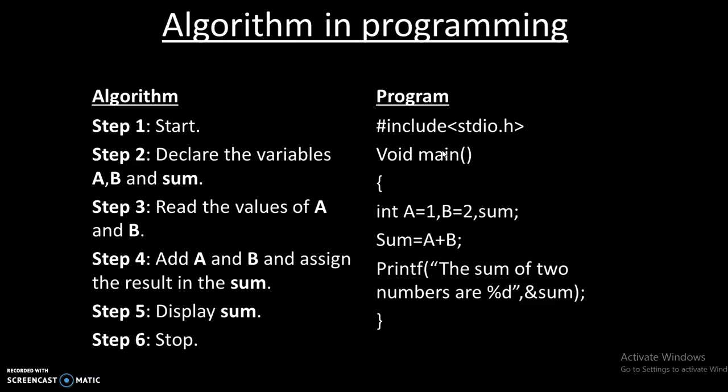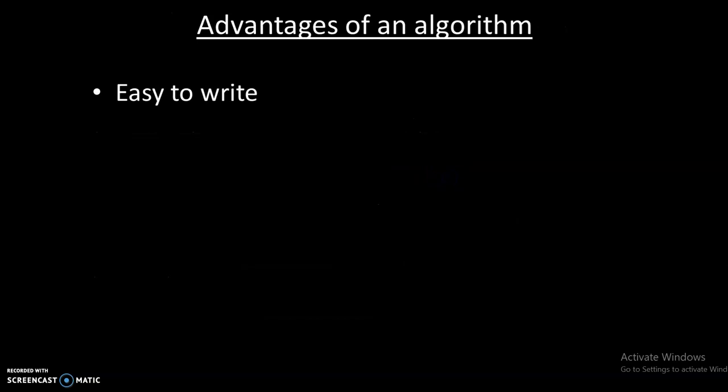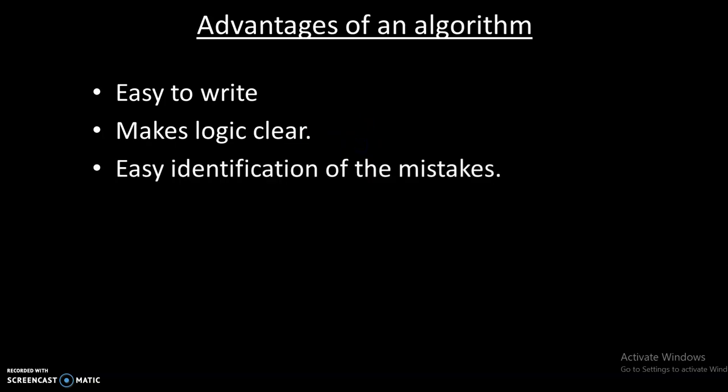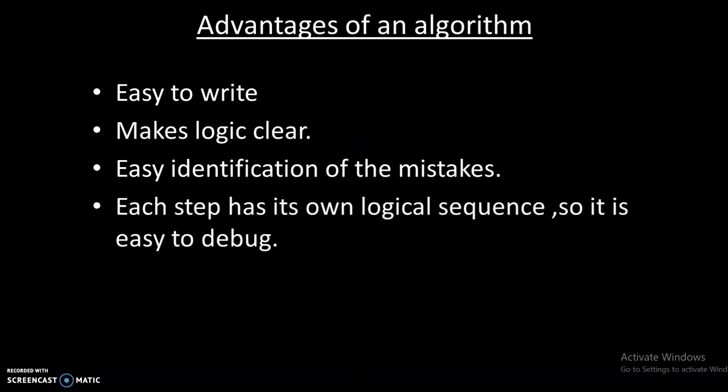So the next topic is the advantages of an algorithm. As we have known, an algorithm is easy to write because it is not dependent on any programming language, right? So it is easy to write and understand for anyone, even without programming knowledge. It makes the logic clear and makes mistakes easy to identify.